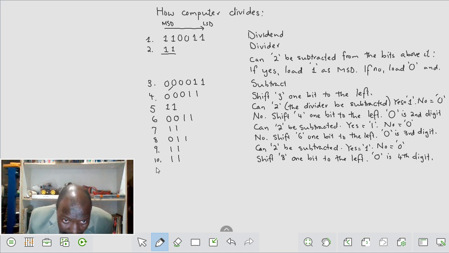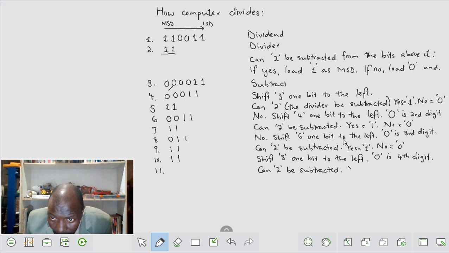All right. Now we ask, can 2 be subtracted? These are questions. So can 2 be subtracted?